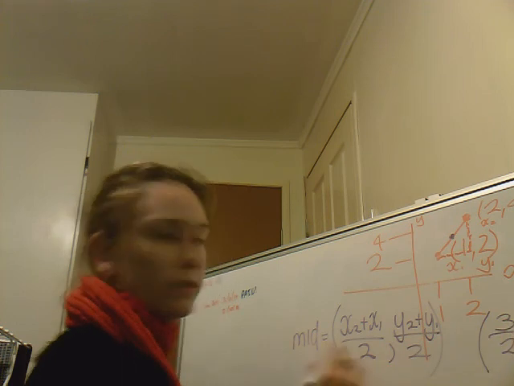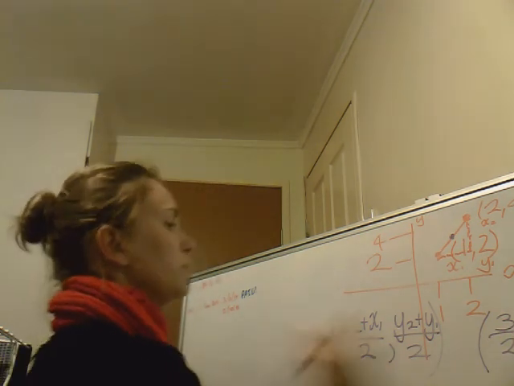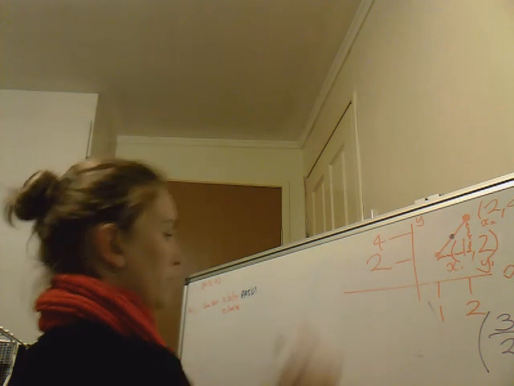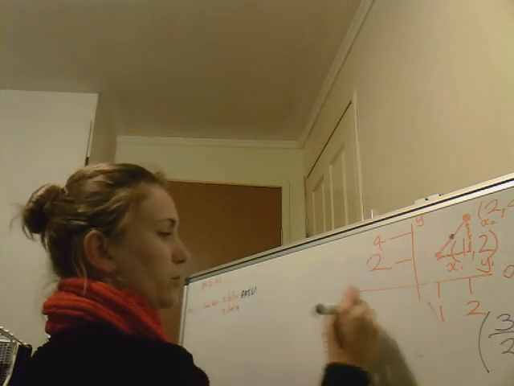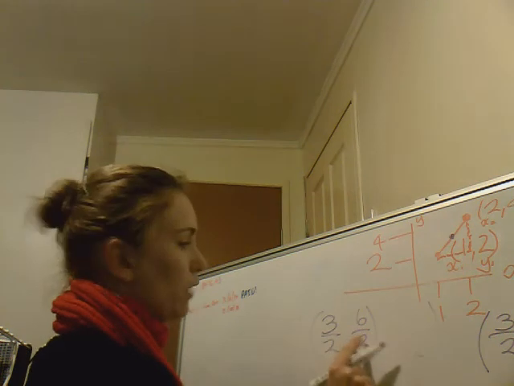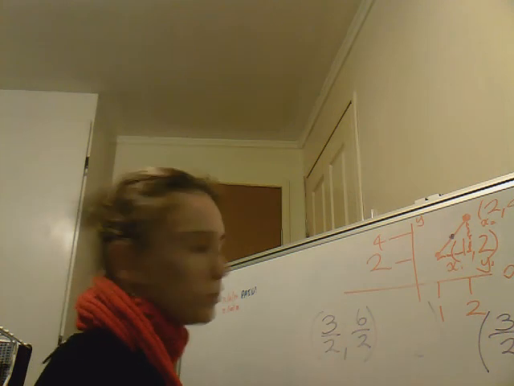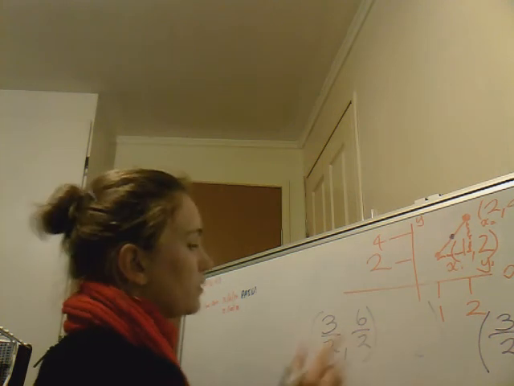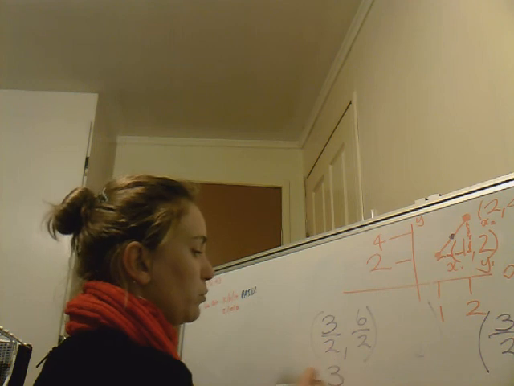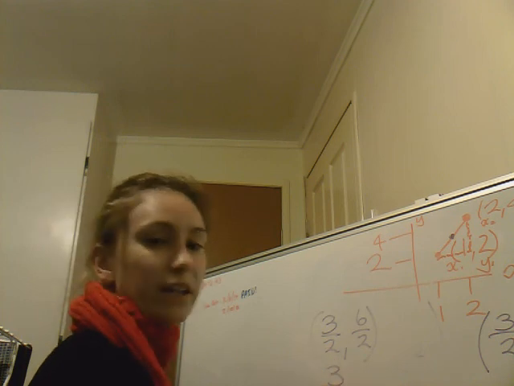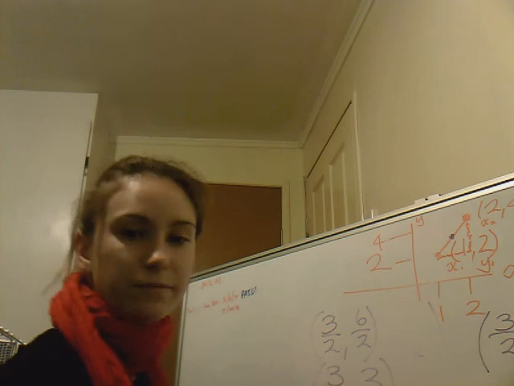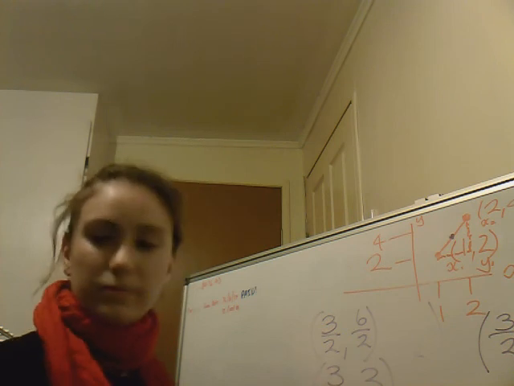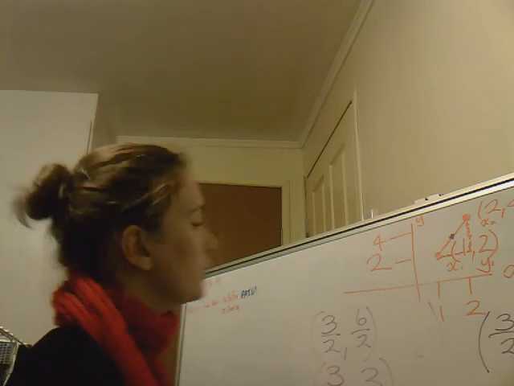So our midpoint equals 3 over 2, 6 over 2. We can make our y value smaller because 6 divided by 2 is 3. So our final point for the midpoint would be 3 over 2 as our x and 3 for our y. And that's how we find the midpoint.